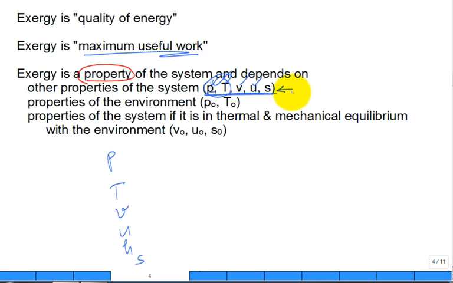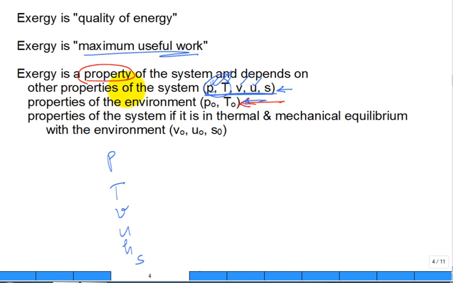The two important properties of the environment: when you reach thermal equilibrium, the system is at the environment temperature T0. And when you reach mechanical equilibrium, the pressure of the system is the same as the pressure of the environment, which is P0. So this P and this T with those subscript naught on it are the environment temperature and pressure. Make sense? All right.